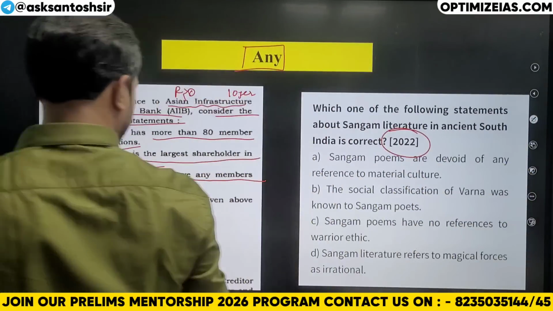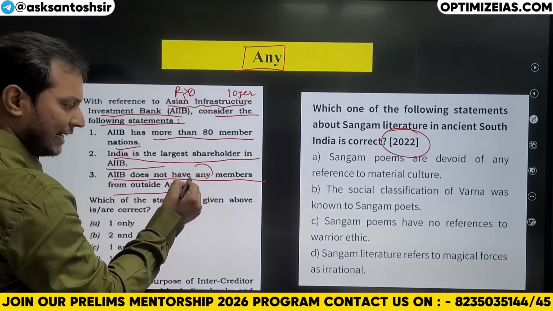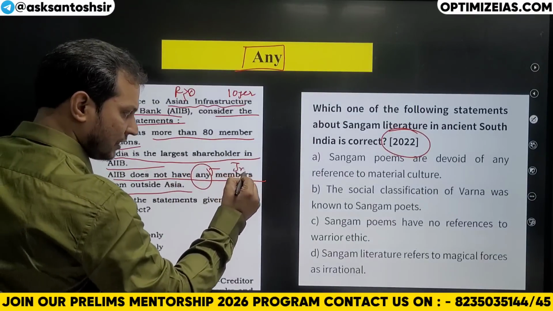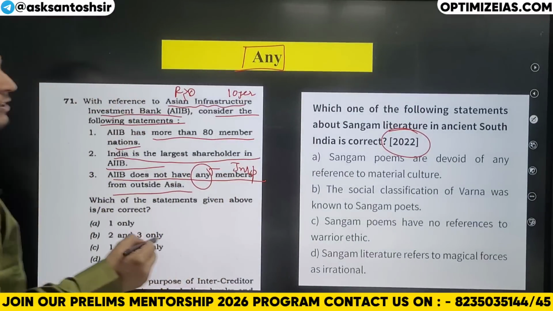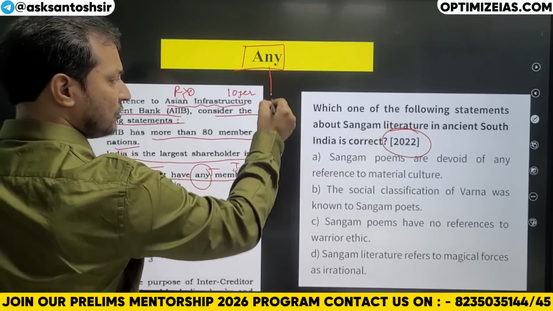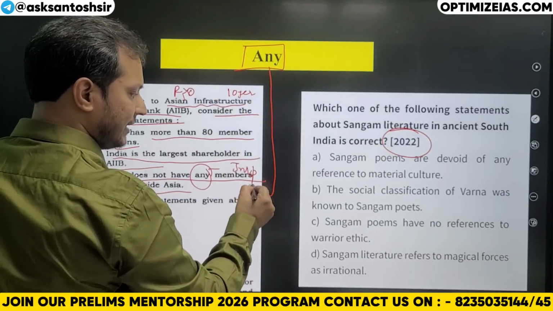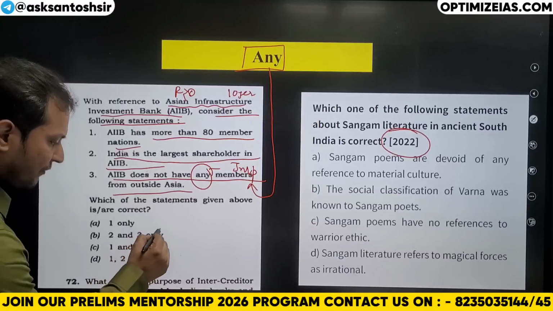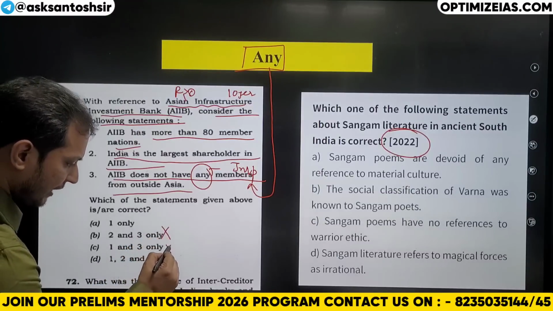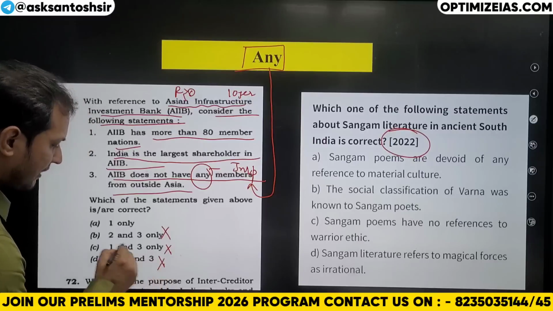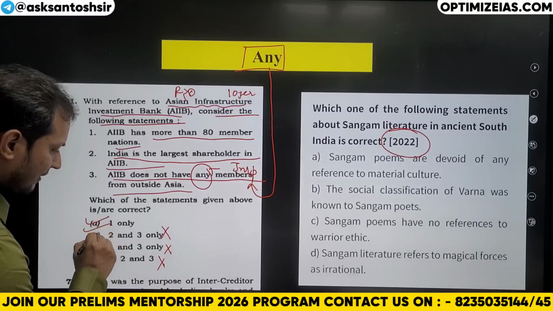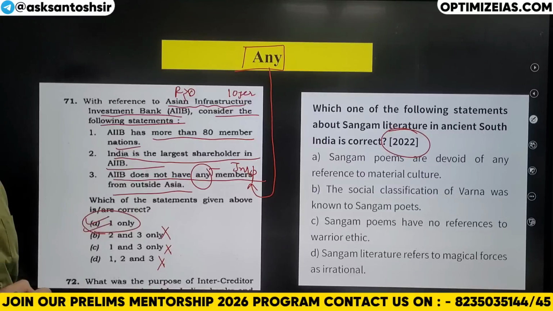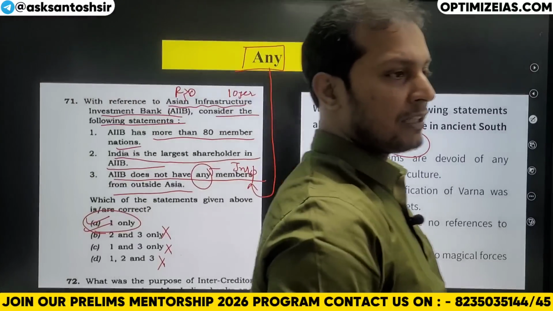So guys, here you can see, "does not have any member". As I have told you, "any" is an extreme word. So whenever you come across "any", you have to eliminate that. If we eliminate statement 3, we automatically get answer 1 only.